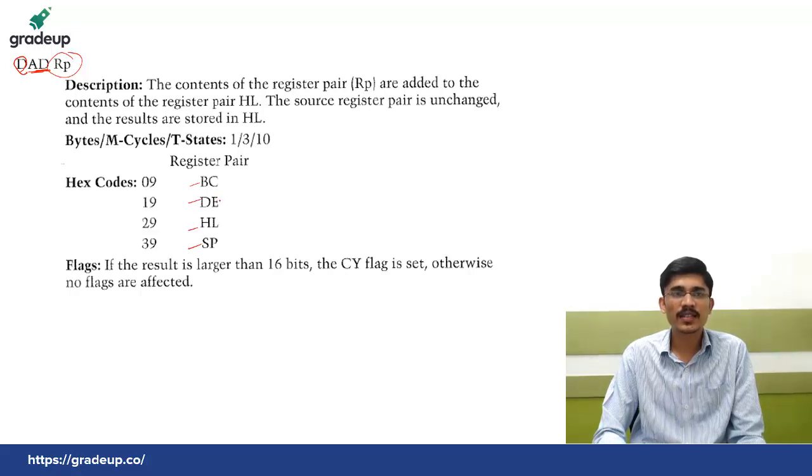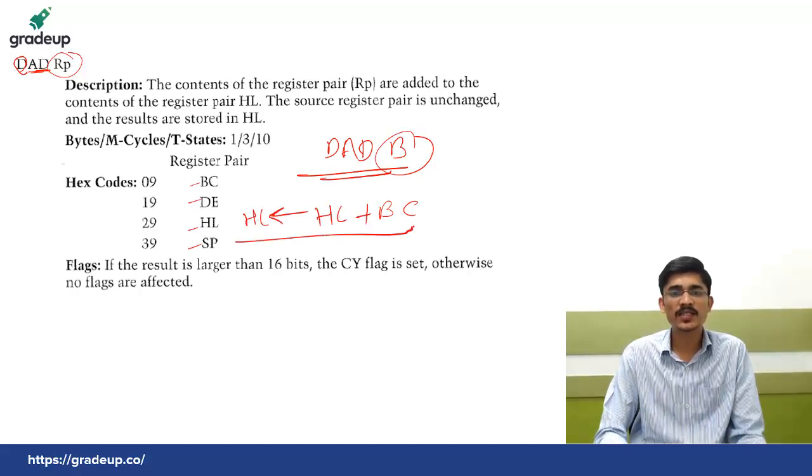in that instruction. So here BC, DE, HL, SP are the valid register pairs. Suppose you have given DAD B, so the content of BC will be added to HL and stored back in HL.